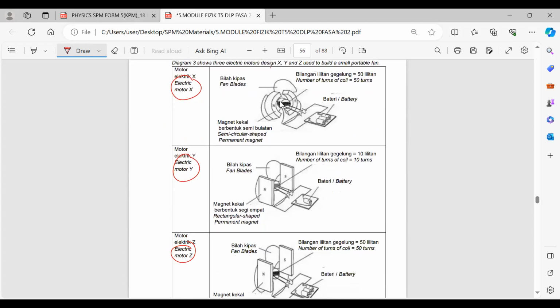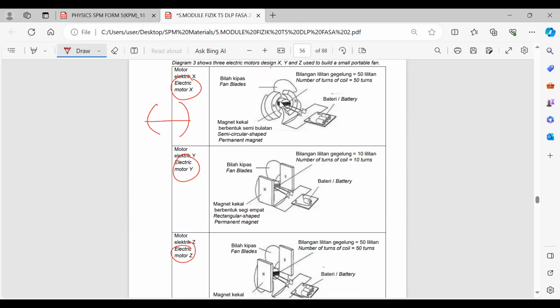Electric motor X has fan blades and a semicircular shaped permanent magnet. So that's a good feature. The semicircular shaped permanent magnet is a good feature whereby the magnetic field can be focused, because it is like this.